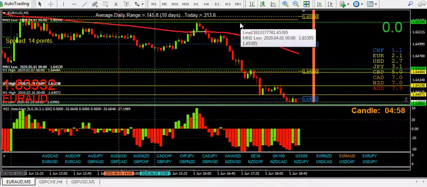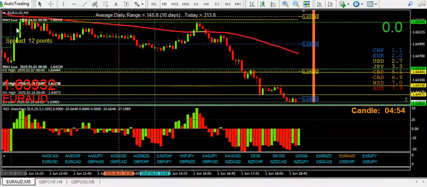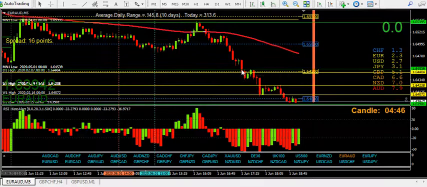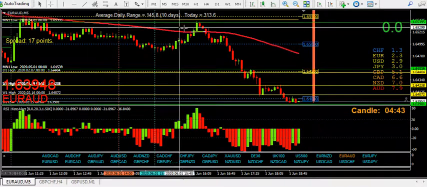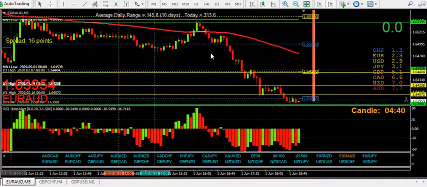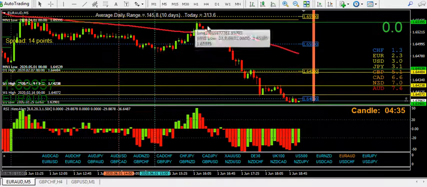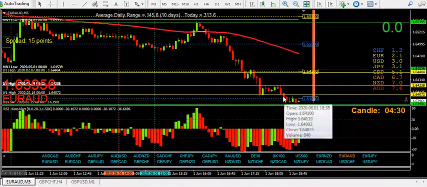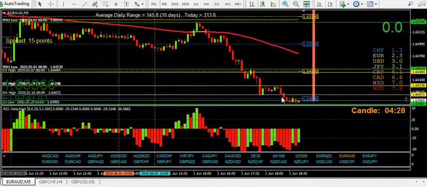Once we'd gone back and tested an old monthly support as resistance, we draw all those lines on that were relevant, and as you can see we've got this massive move here, so potential downside gap of 86 pips. I'd need to double check all those levels as to what went on there, whether we missed anything or not, because I was concentrating on the ones most close to price.